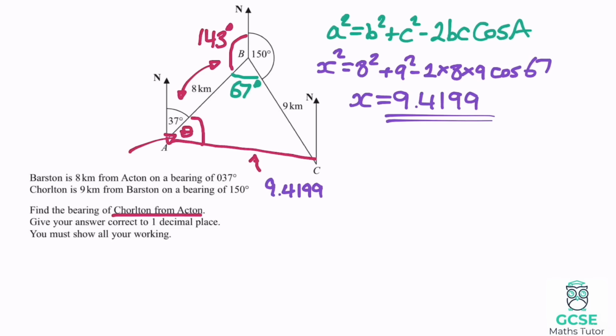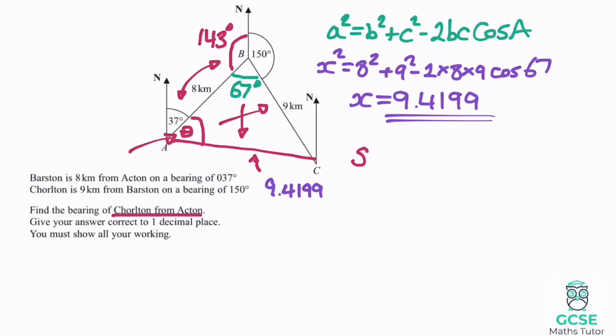We could use cosine rule, or we could actually just use the sine rule, because we have a pair of opposites as well. So totally up to you here. I'm going to opt to use sine rule just so it's something a little bit different, because we've got opposite the angle, we've got the 9, and also opposite this 67 now, we have this length down here. So I'm just going to use the sine rule.